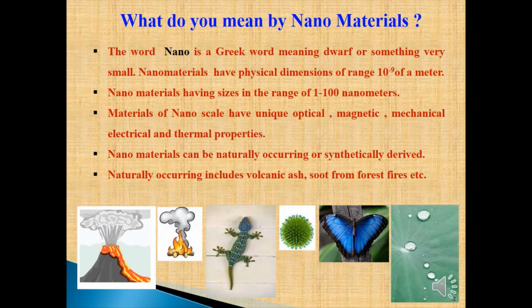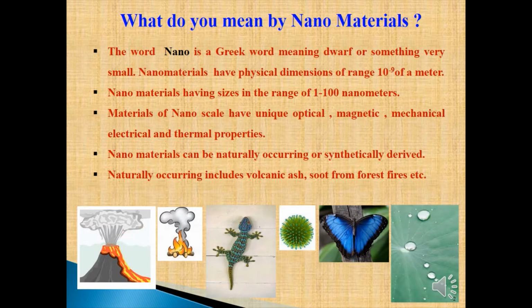The virus size lies between the range of 1 to 100 nanometers. The butterfly wings are made up of fine nanomaterials. Lotus leaf is able to repel water due to the nanoscale hair-like structure, which gives it a self-cleaning ability. So these are some of the important examples of naturally occurring nanomaterials.